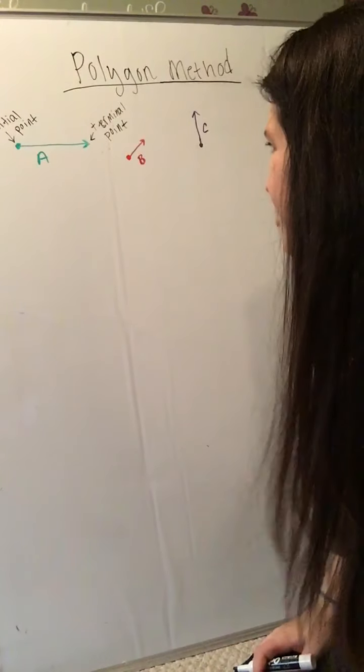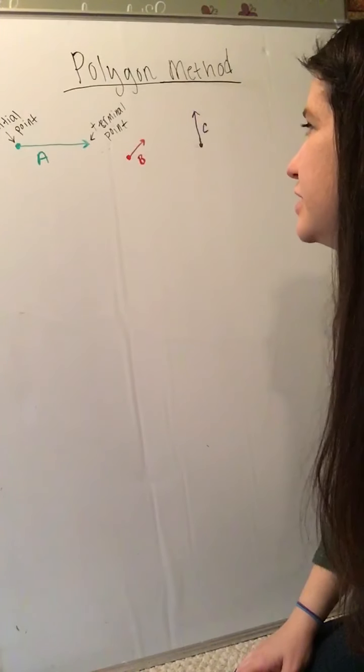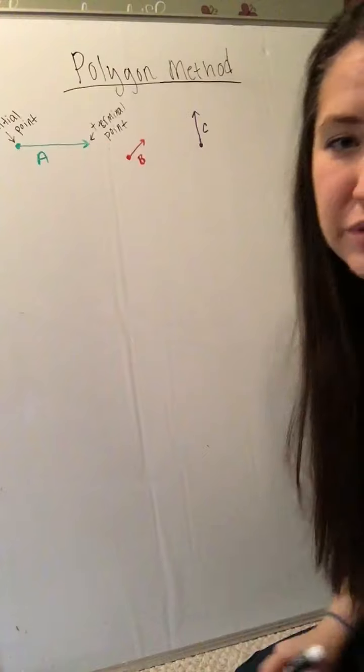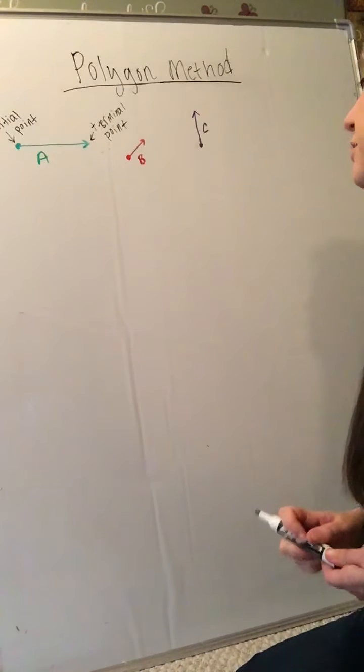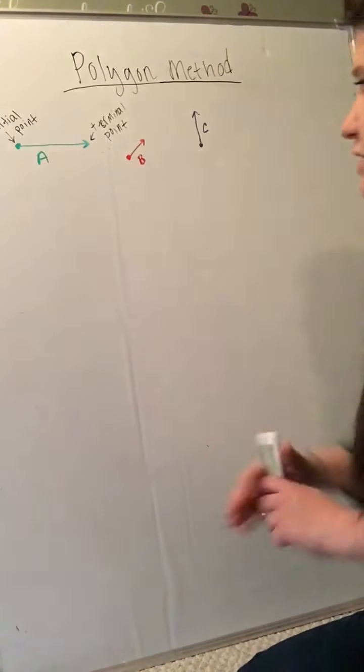That's important for this method, because when we add two vectors together, we want to take the initial point of one of the vectors and place it on the terminal point of the other vector to start off this method.